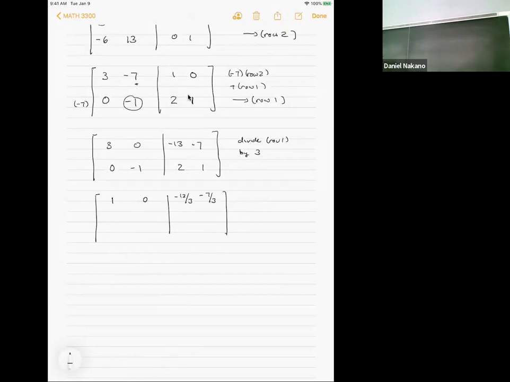And now I want to multiply the bottom one by -1, so I'm going to divide row 2 by -1. And I get 0, 1, -2, -1.